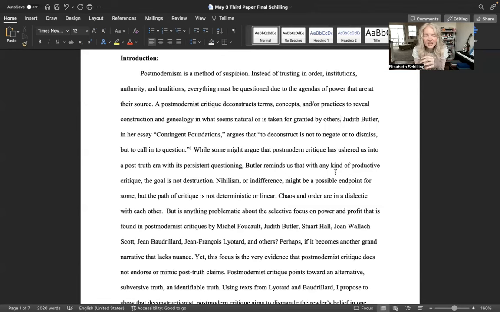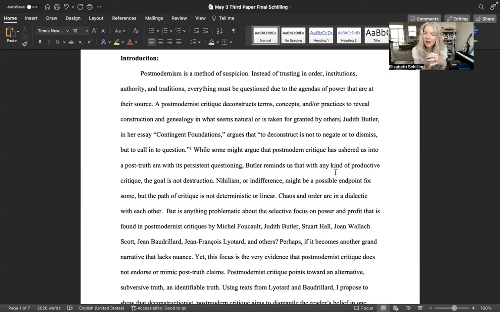Judith Butler, in her essay Contingent Foundations, argues that to deconstruct is not to negate or to dismiss, but to call into question. While some might argue that postmodern critique has ushered us into a post-truth era with its persistent questioning, so this is why I'm writing my paper, Butler reminds us that with any kind of productive critique, the goal is not deconstruction.